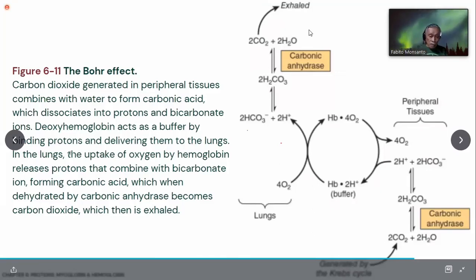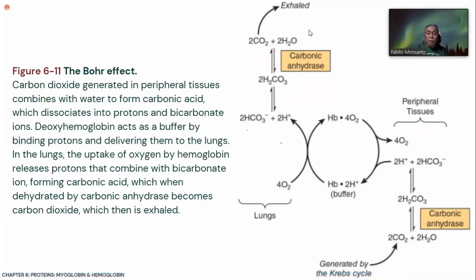And in the lungs, the uptake of oxygen by hemoglobin releases the proton that combines with the bicarbonate ion, forming carbonic acid, which when dehydrated by carbonic anhydrase becomes carbon dioxide and water, which is exhaled. There you are. That is the Bohr effect.